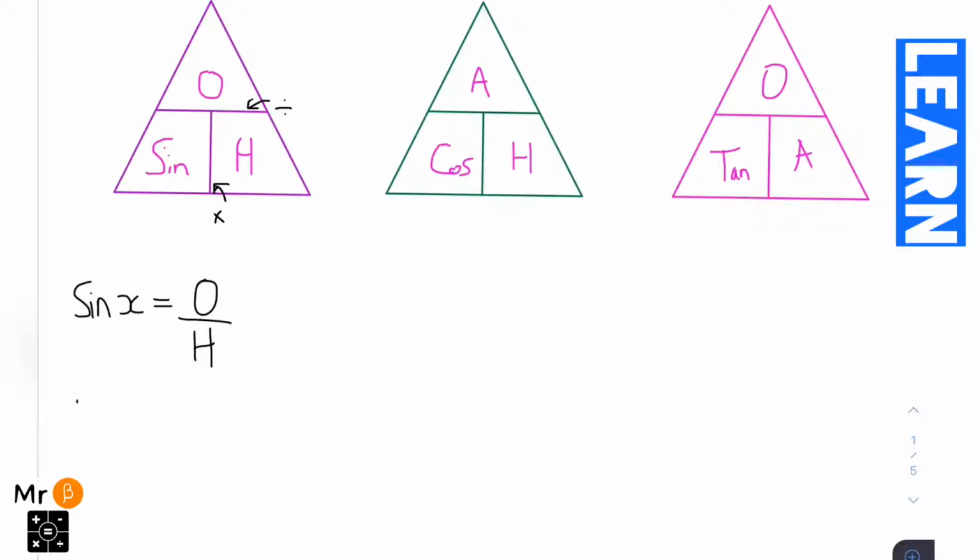If I was asked to work out what my hypotenuse length is, I cover up my h, that gives me my formula opposite divided by sine of my angle. And finally, if I wanted to work out what my opposite length was, I cover that one up in the triangle, and that would tell me it's sine of my angle times by my hypotenuse length. You can do that for your other two triangles now.